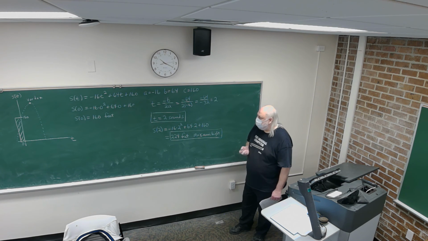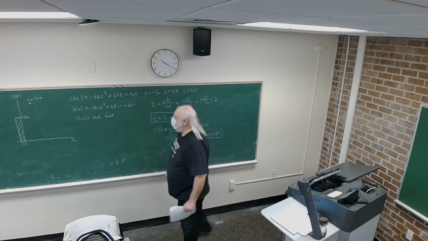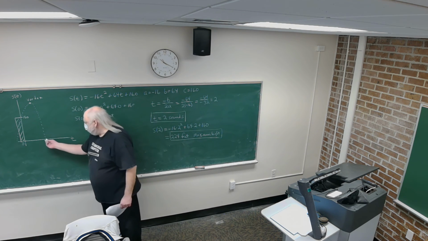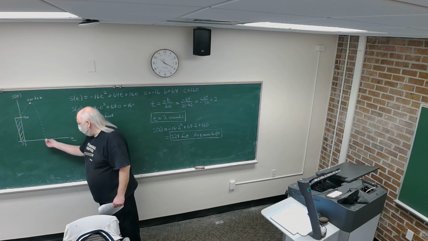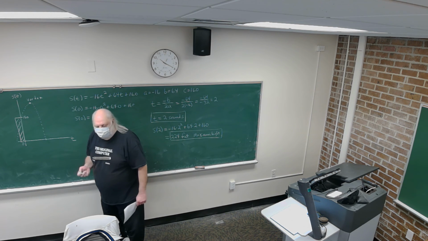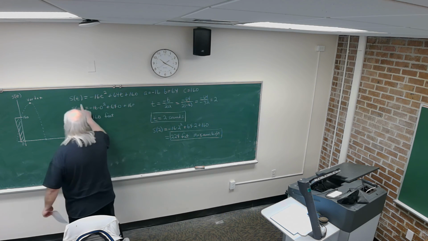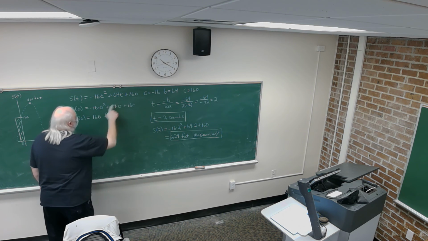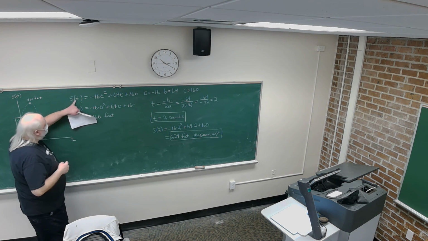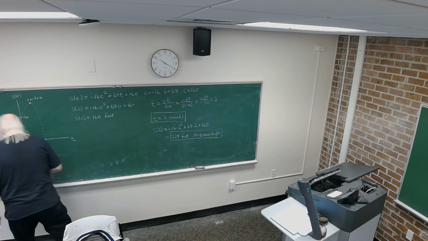When will the ball reach the ground? How high above the ground is the ball when it hits the ground? If that makes any sense, what I just said. 0, right? The ball's 0 feet above the ground when it hits the ground. So we set S of t equal to 0, and then solve for t. Quadratic equation, solving for t.